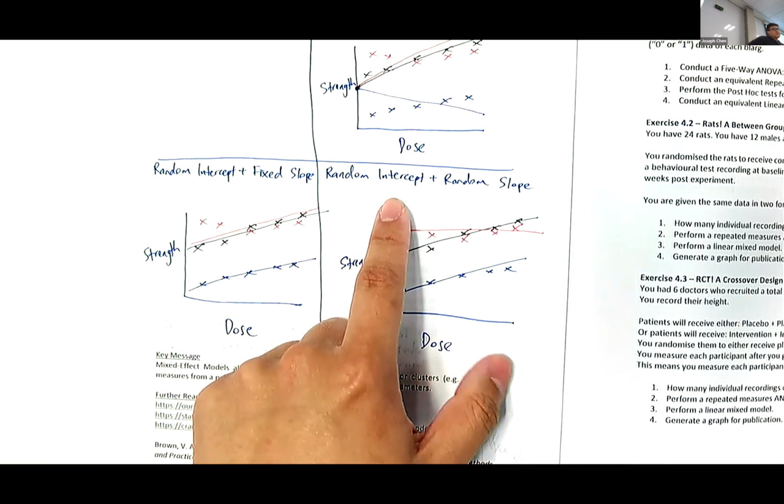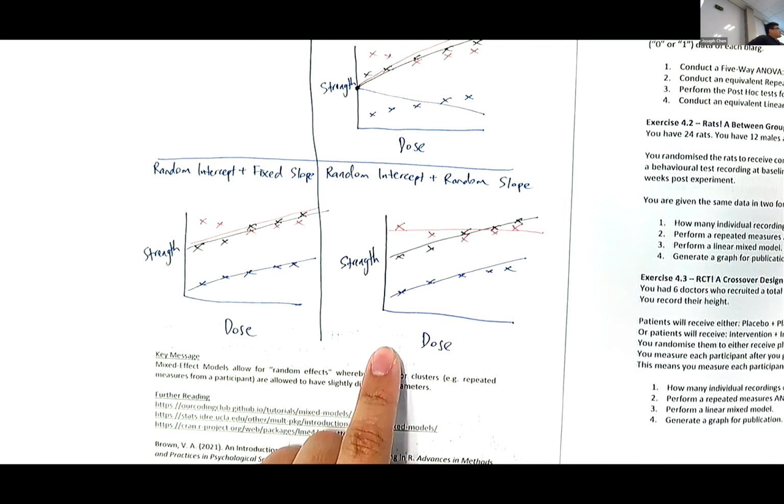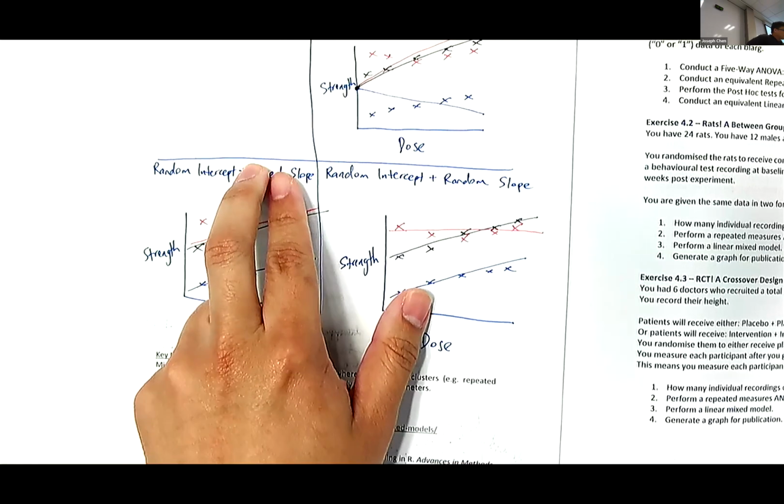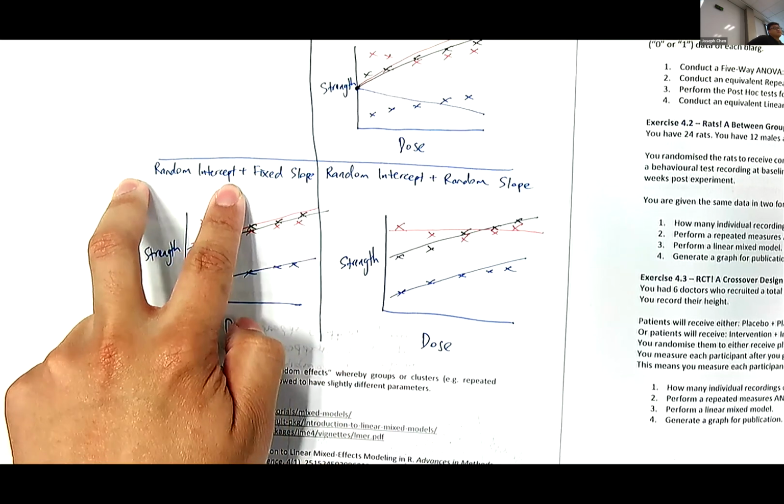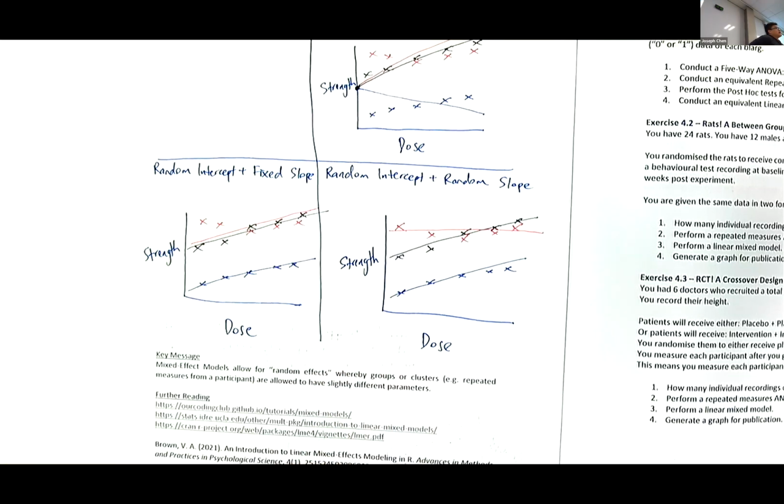You're allowing them to have random y-intercepts. So let's just ignore the slopes. If you just say a random intercept or a fixed intercept, let's say you allowed sex for whatever reason to be a random effect.